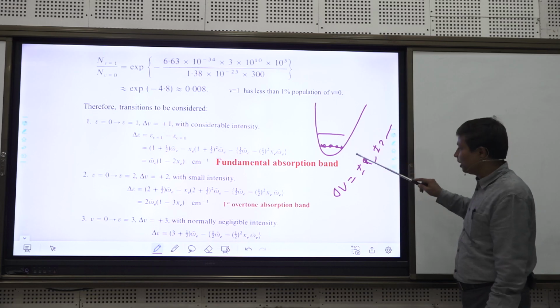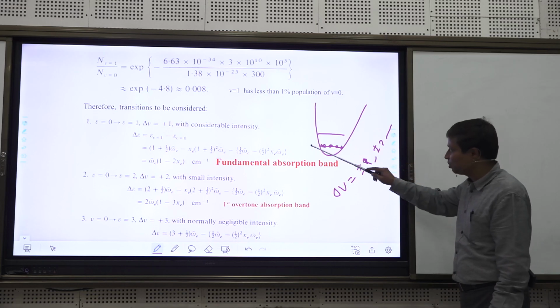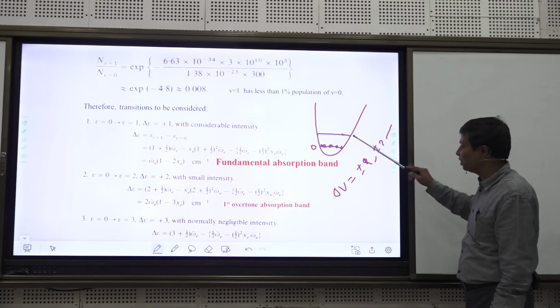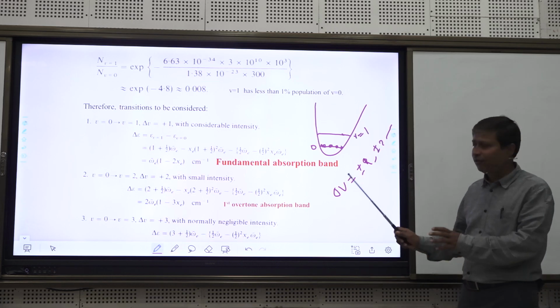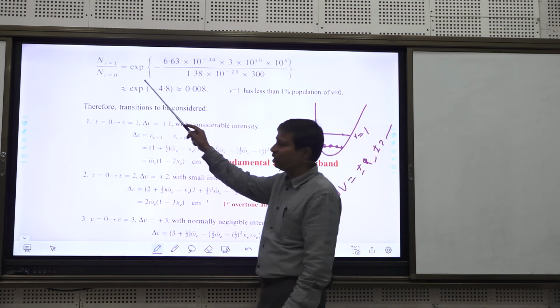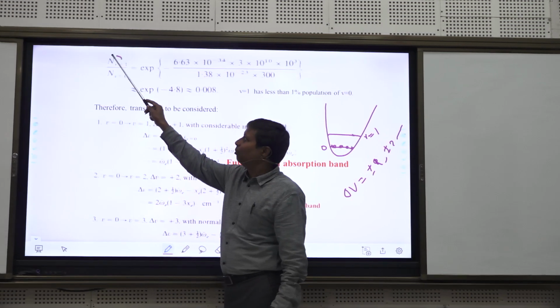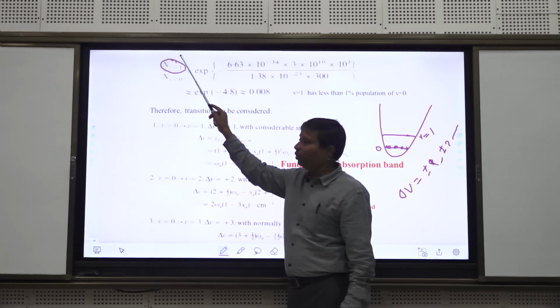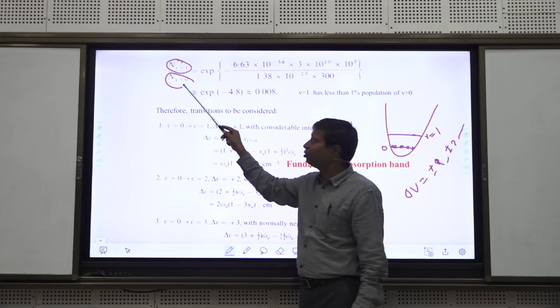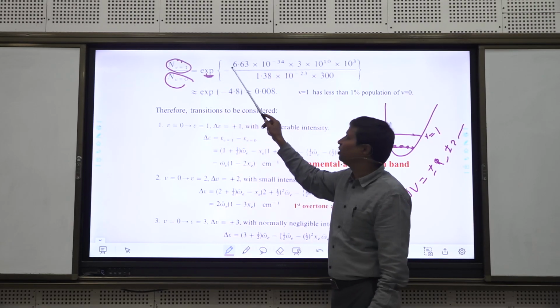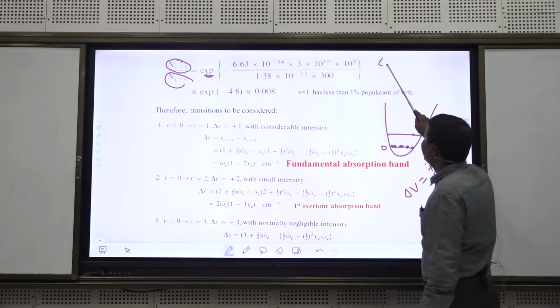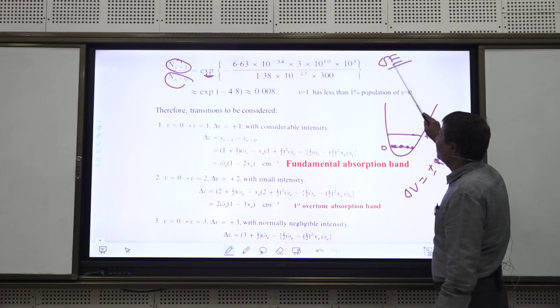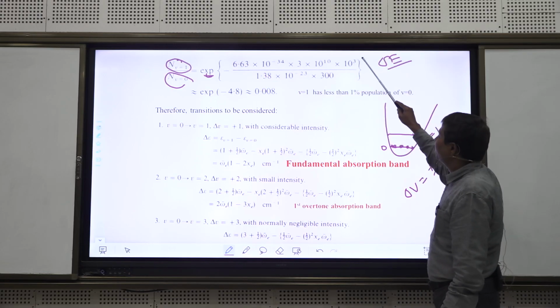let us see, this is V equal to 0. Let us see how much the population is at V equal to 1, compared to V equal to 0. For that, use the simple Boltzmann distribution. So the population at V equal to 1 with respect to the population at V equal to 0 is exponential of minus delta E over kT, and here delta E is vibrational.